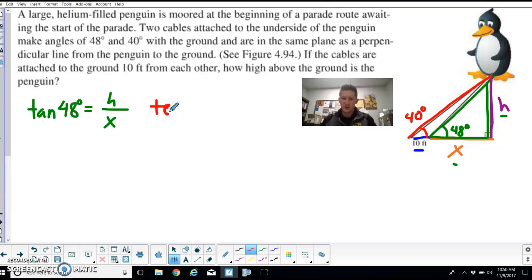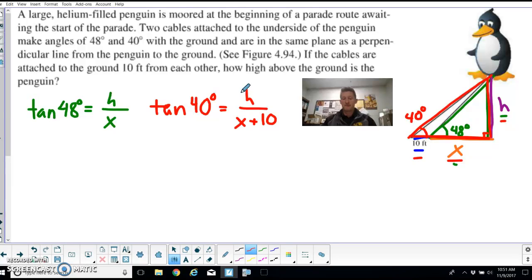I'm going to say that the tangent of 40 degrees is equal to that same opposite side, which is h, okay? So draw a red triangle. Over this distance right here would be the x plus the 10. So I have h, the height, over the adjacent side, which is x plus 10 feet, because remember it's 10 feet further away. Okay, so it's x plus 10 makes up this whole side of this right triangle right here.